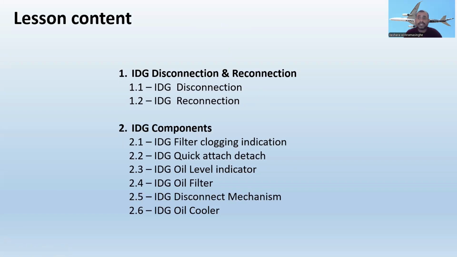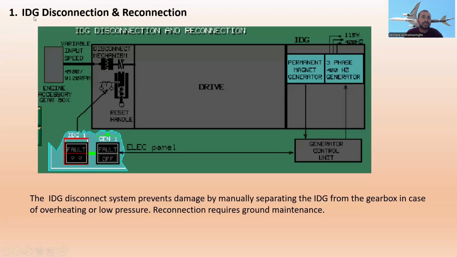Then the next topic is IDG components. Under IDG components, I will discuss IDG filter clogging indication, IDG quick attach detach, IDG oil level indicator, IDG oil filter, IDG disconnect mechanism, and also the IDG oil cooler. Let's go to the first one, IDG disconnection and reconnection.